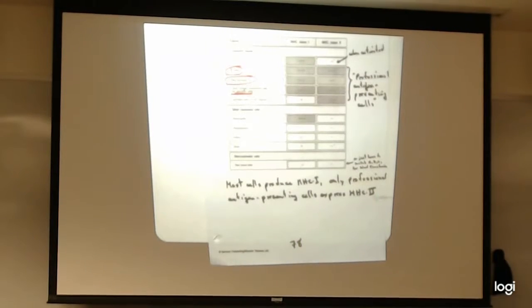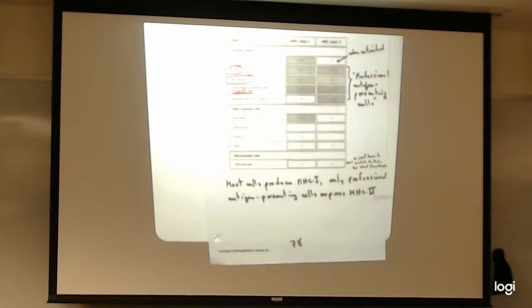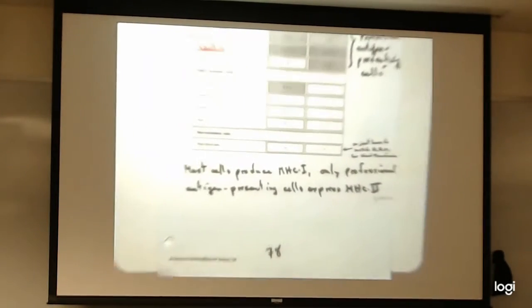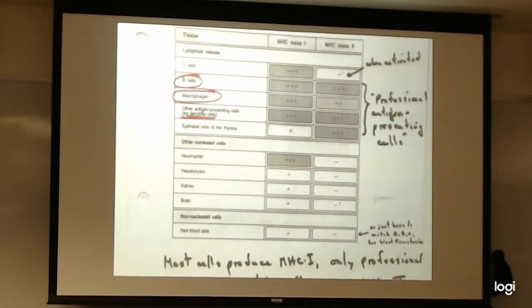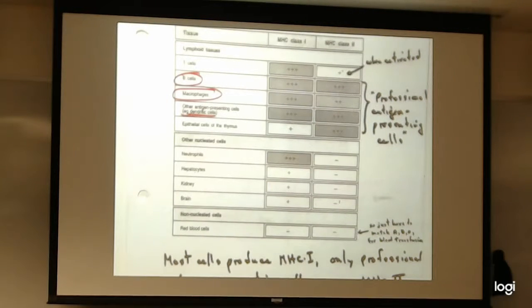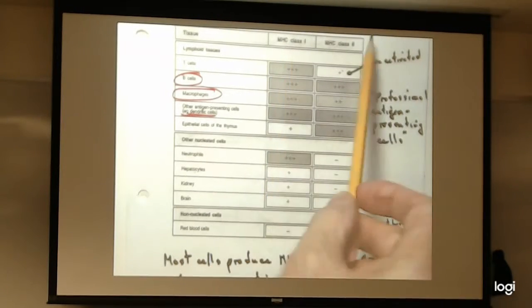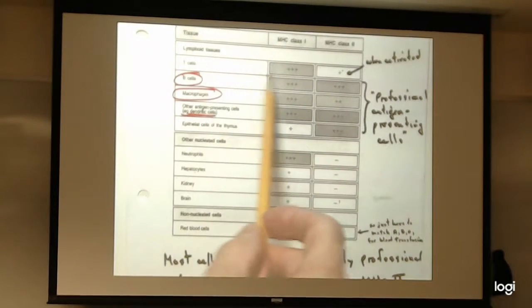So, this little summary table here about the expression of class 1 versus class 2 molecules. Here are all different kinds of cells, and here's whether they express class 1 or class 2.